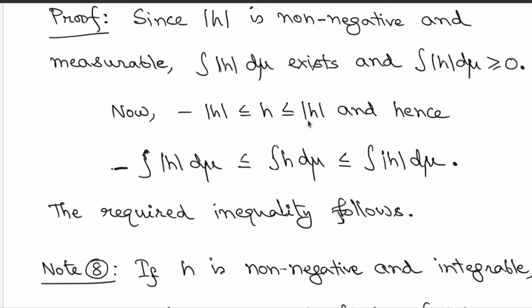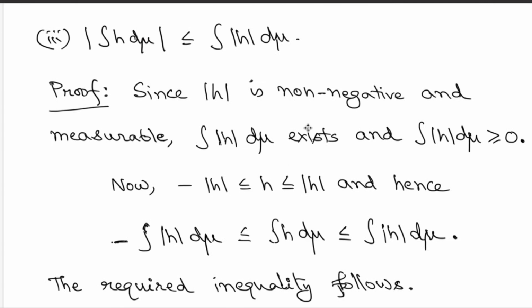Again, since h is less than or equal to mod h, the integration of h will be less than or equal to the integration of mod h. That's it. You get both sided inequalities, and hence you get that mod of the integration of h is less than or equal to the integration of mod h. So this is a very simple inequality to prove as long as you have managed to compare any two arbitrary measurable functions and their integrations.